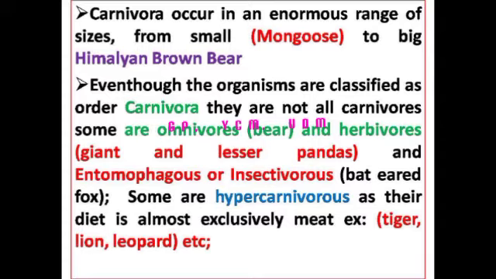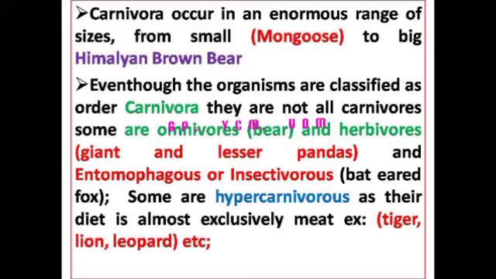Carnivora occur in an enormous range of sizes, from the small mongoose to the big Himalayan brown bear. Even though the organisms are classified in the order Carnivora, they are not all carnivorous in nature. Some are omnivorous and herbivorous, for example, the giant and lesser pandas.